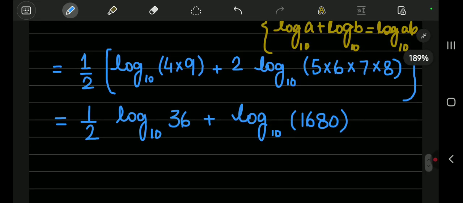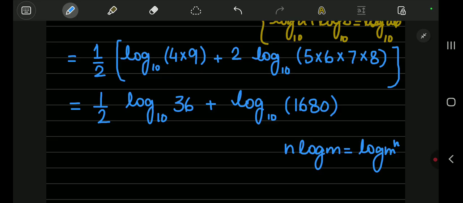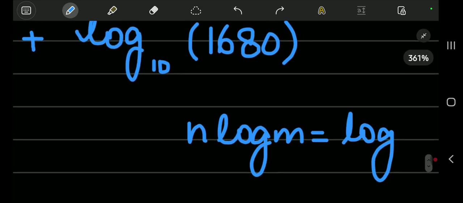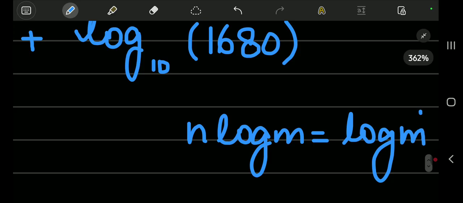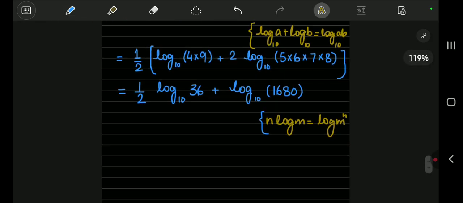Okay, now when we have something at the start like some power, what do we do? n times log of m gives you log of m to the power n. This is also your formula, so I'm writing this out.